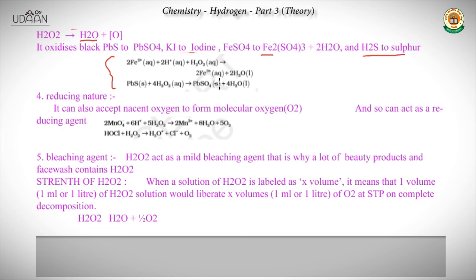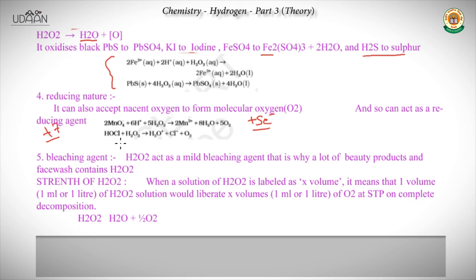It can also act as a reducing agent, and it will reduce MnO4-. Mn is in the +7 oxidation state, and Mn is reduced from +7 to +2, that is, it gains 5 electrons.